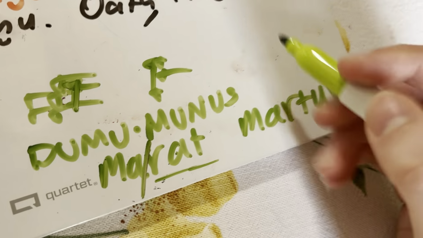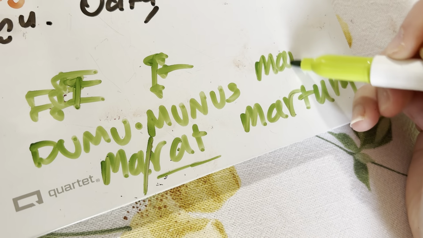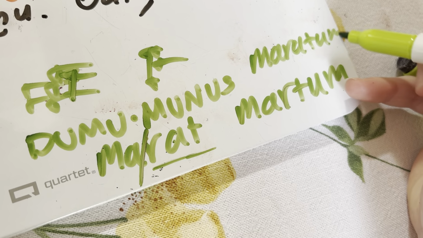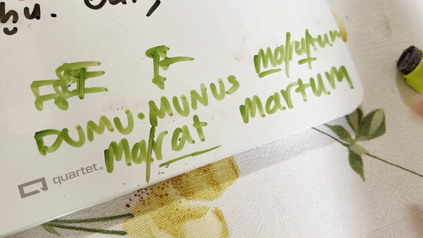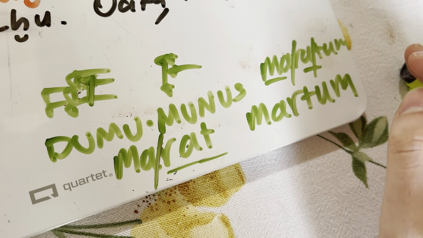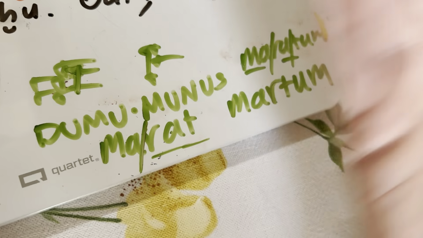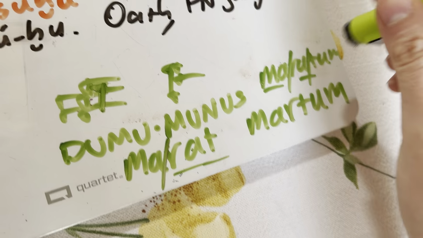Whereas if you kept it as maratum and divvied it up, it'd be ma-ra-tum, and you'd have two short syllables next to each other, which the language doesn't like, so that's why it drops out. But that is getting off track.